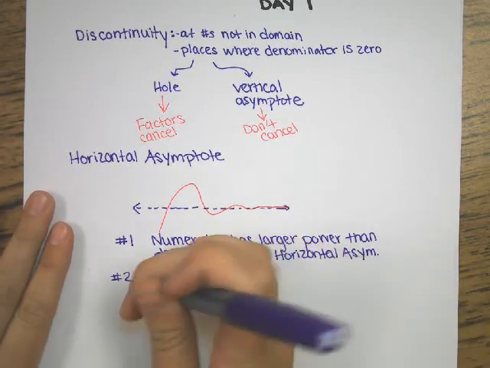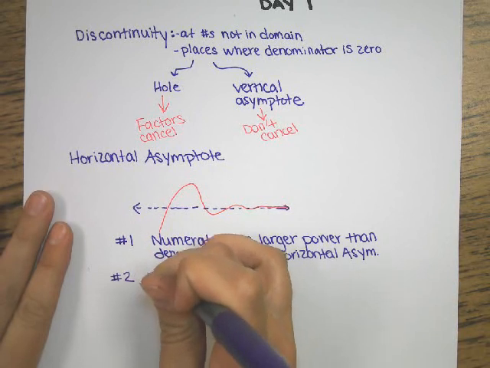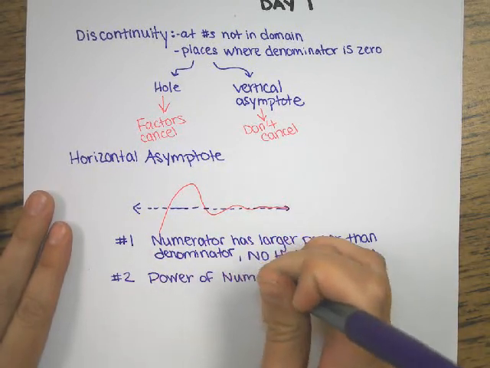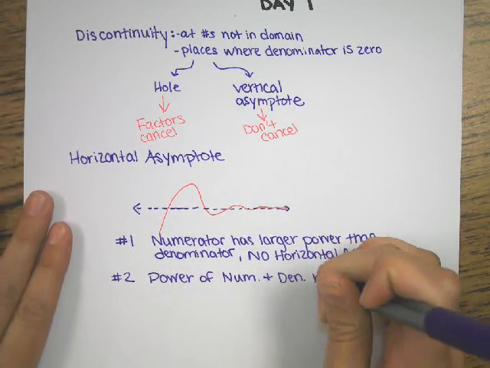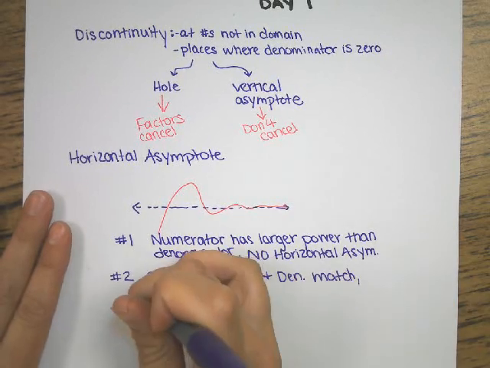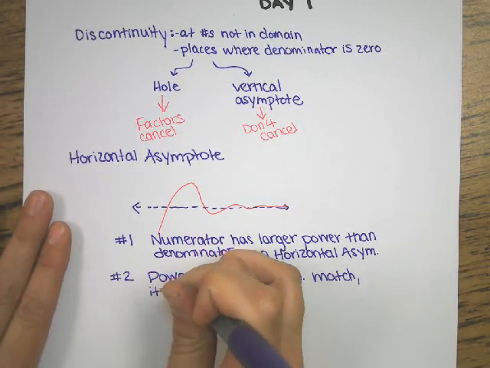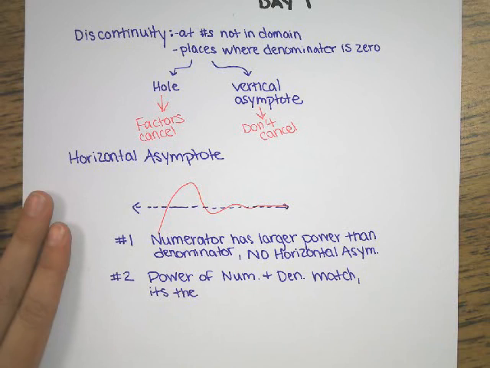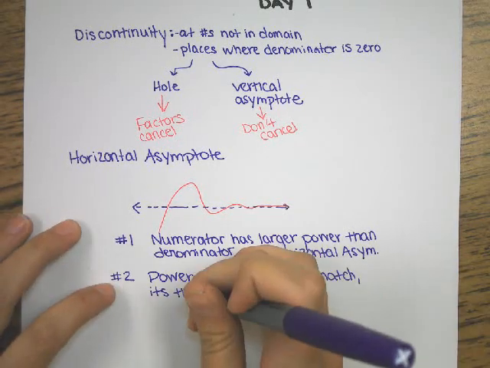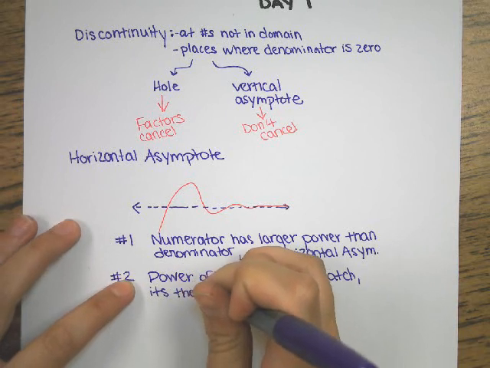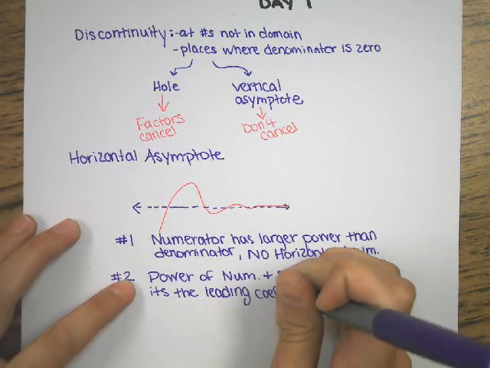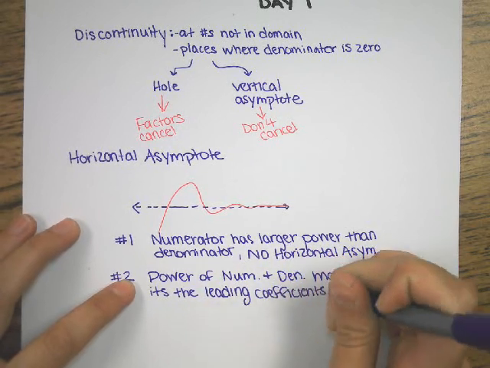The second case is if the powers match. If the power of the numerator and denominator match, it's the leading coefficients divided.